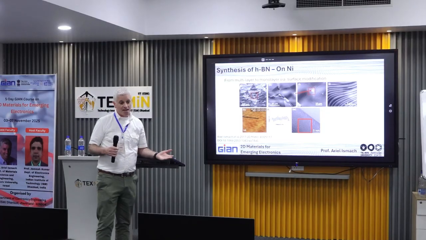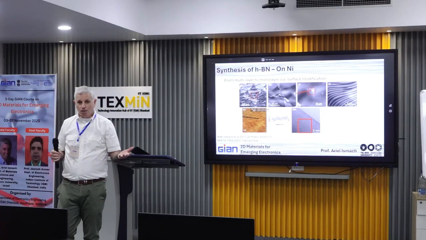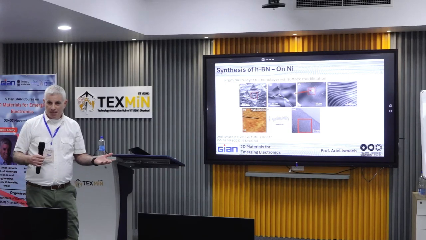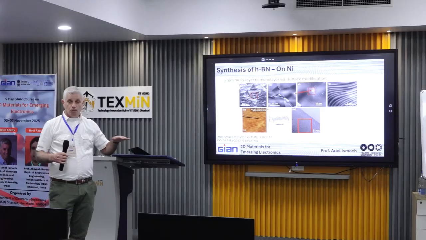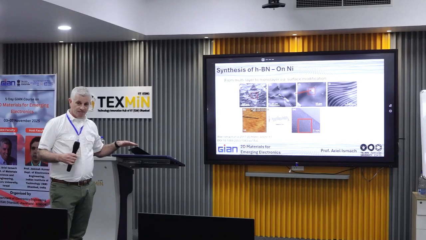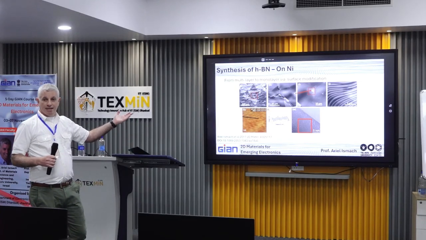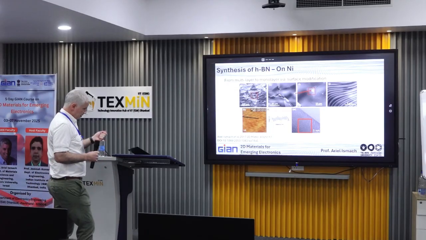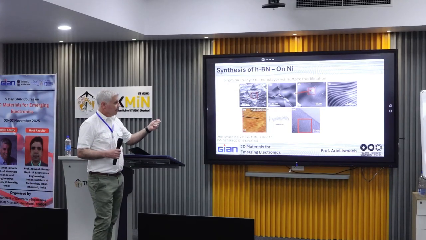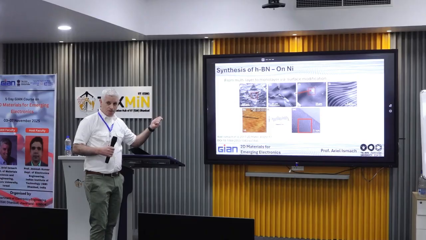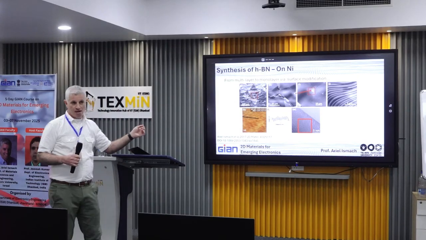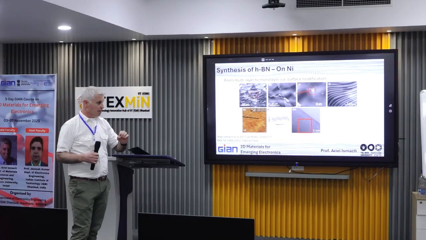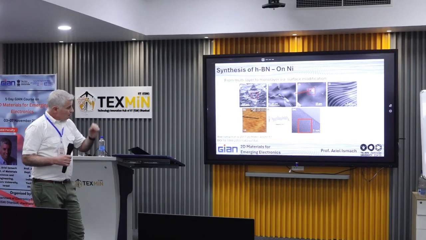But now you may ask, okay, but how do we grow the HBN? We have boron oxide. The metal is not exposed, so we have no catalytic events. So how does the HBN grow? And the key point here is that we introduced small amounts of carbon, hydrocarbon, or even amorphous carbon that evaporates.